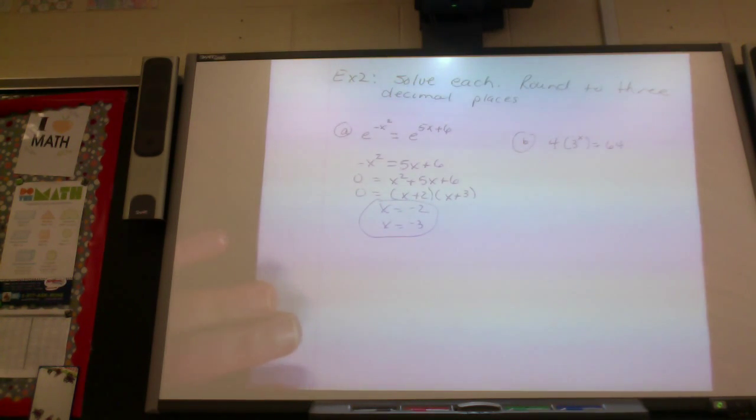And factored instead of equal to c. What about b? 4 times 3 to the x equals 64.